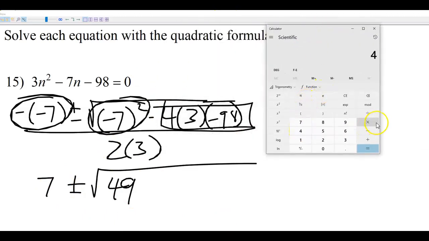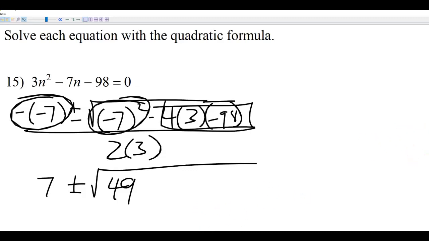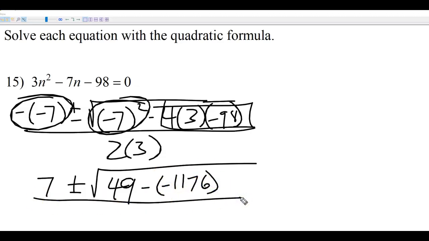All right, 4 times 3 times negative 98 gives me negative 1,176. Ew. And then the bottom, of course, is 6.